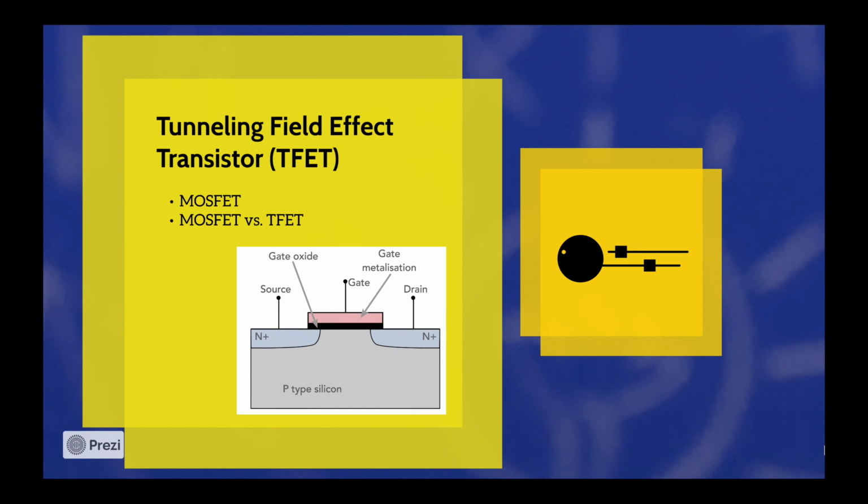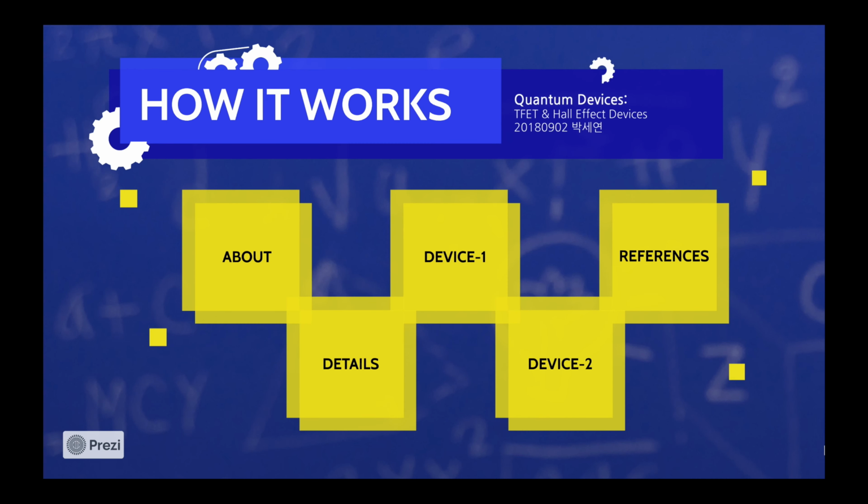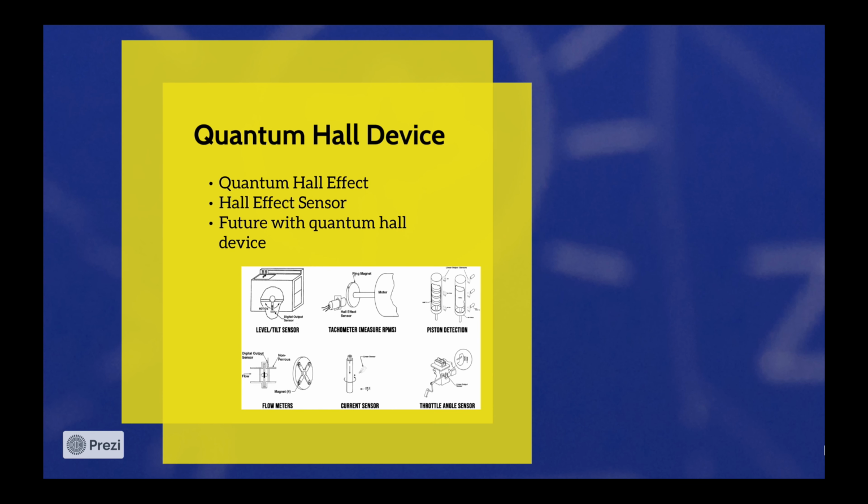Like the tunneling mechanism used in a device, the quantum Hall effect is another mechanism that is studied for future technology. First, we have to understand the quantum Hall effect. The quantum Hall effect was discovered by Klaus von Klitzing in 1980.